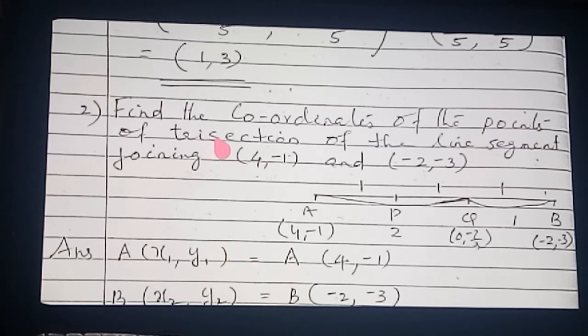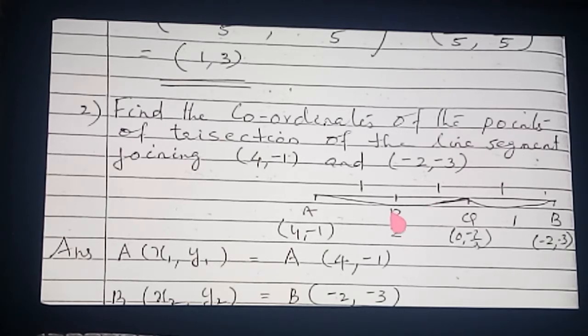Here, what do you want to find out? Trisection. So I divided the line segment AB into 3 equal parts: A to P, P to Q and Q to B. So divided into how many equal parts? 3, in the ratio 1:1:1.